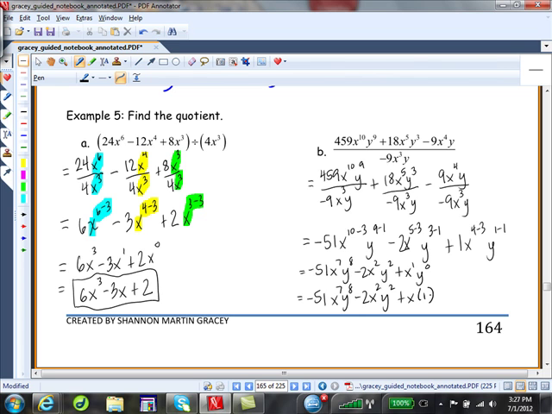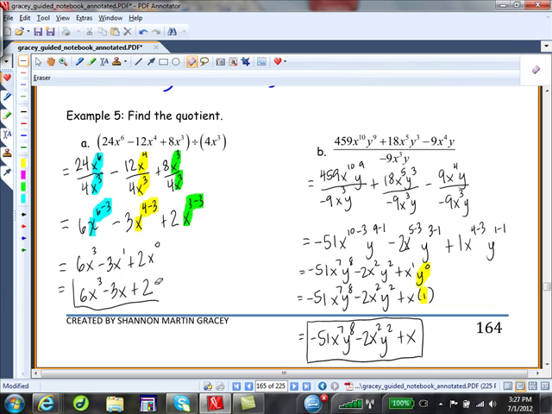I'll write that in. Okay. Because remember, y to the 0 is 1. And then we'll get negative 51 x to the 7th, y to the 8th, minus 2x squared, y squared, plus x. And we are done.